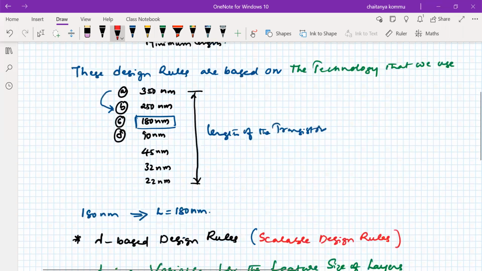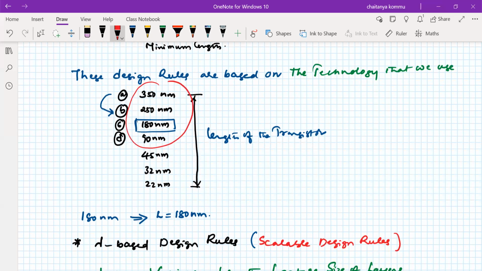Generally, up to 180 nanometer technology, these are called micron design rules.